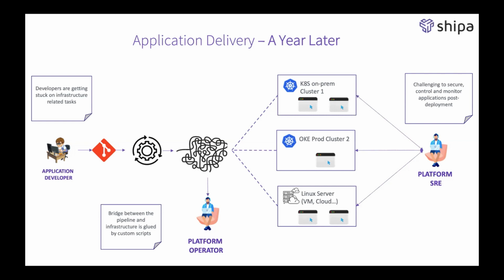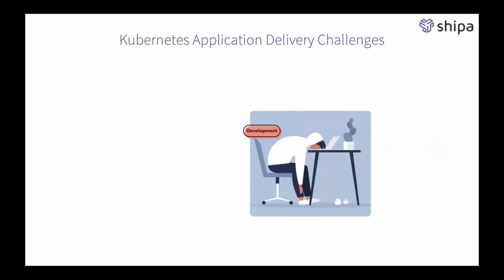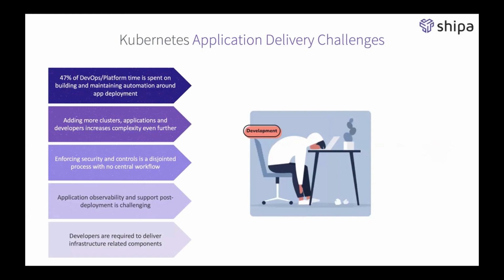The platform operator, the DevOps guys are trying their best to glue it all together and make sure it's available on the appropriate production clusters. And the SREs are having a tough time both with monitoring, observability and also maintaining a secure platform. And so essentially, this is really what Shipa is trying to address.